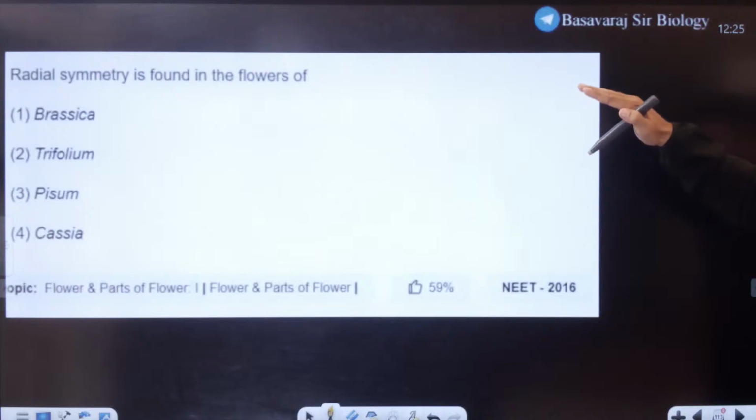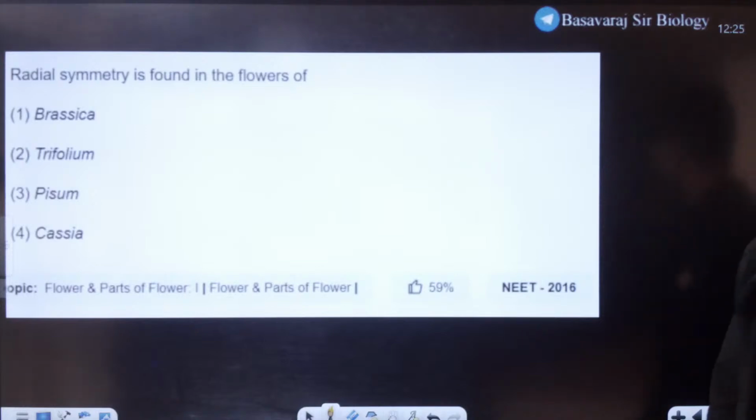One question for all of you students. Radial symmetry is found in mustard, datura, chili, right? Tell me the answer in the chat quickly, all of you.